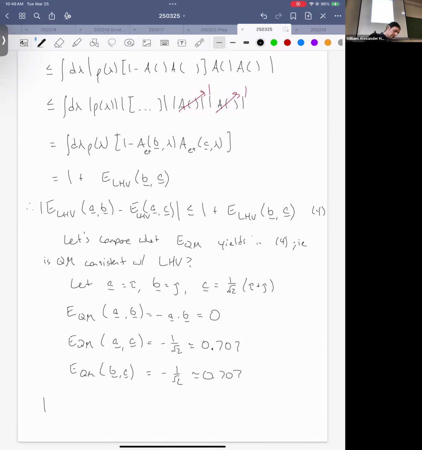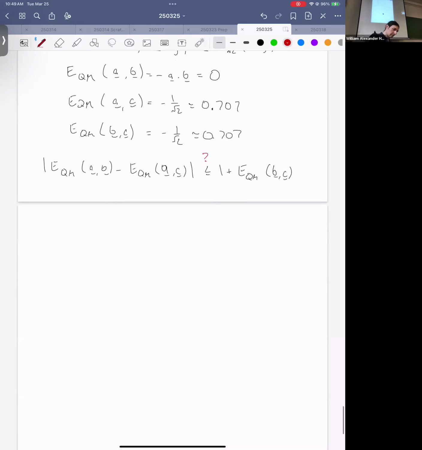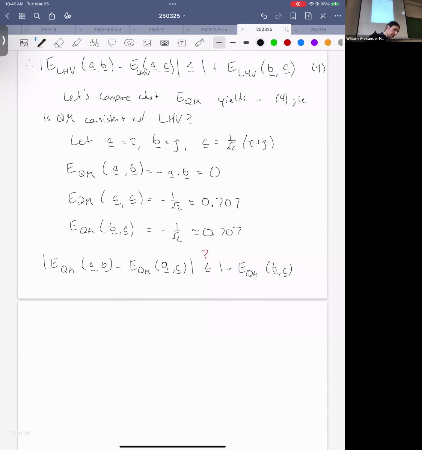Now let's compare. EQM, A vector B vector minus EQM, A vector C vector. Is that less than or equal to 1 plus the expectation B vector C vector? Well, on the left-hand side, we've got the absolute value of 1 minus the square root of 2. And is that less than or equal to 1 minus 1 over root 2?